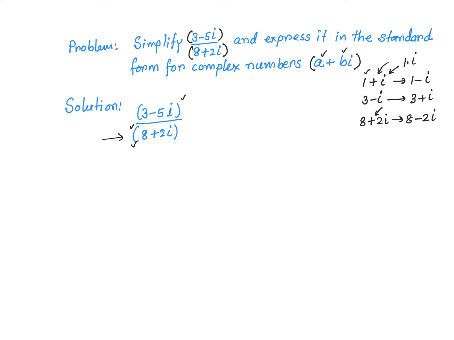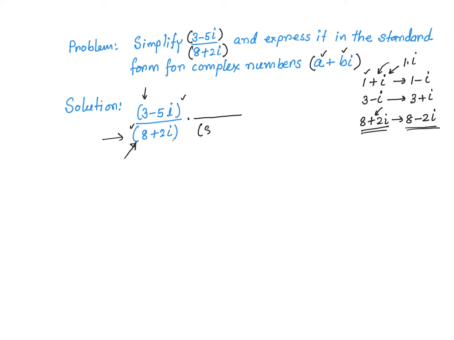So to simplify this division of two complex numbers, what we need to do is multiply both the numerator and the denominator by the conjugate of the denominator. The denominator is 8 plus 2i, so the conjugate is 8 minus 2i.